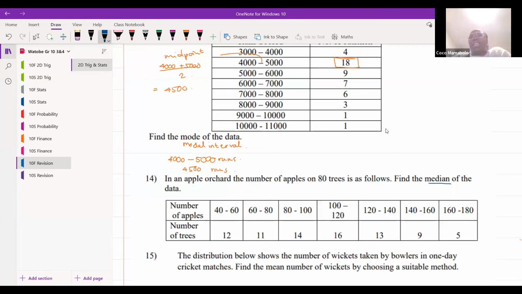Lucania says 100 to 120. I don't know whether it is actually 16, and we are going to look at that in just a bit. The median of the data, not quite.